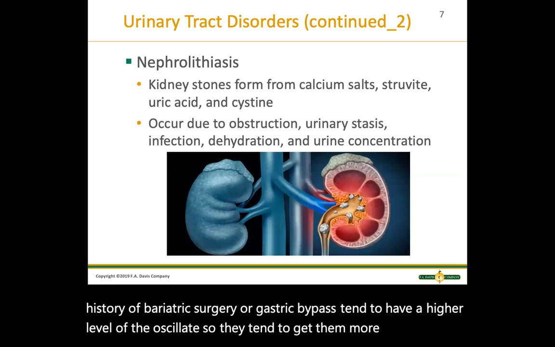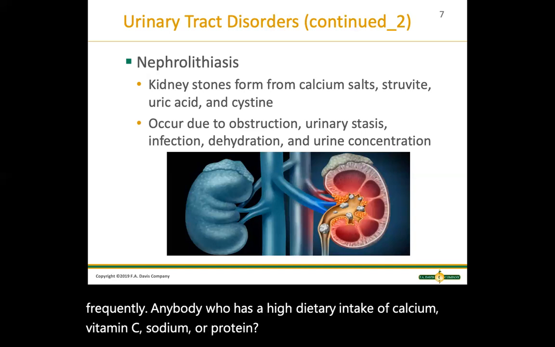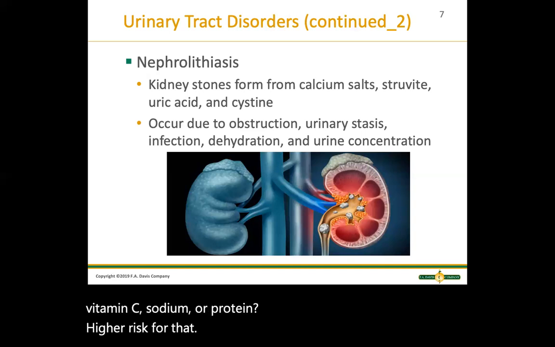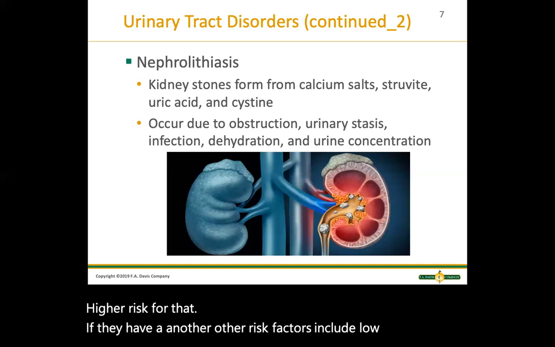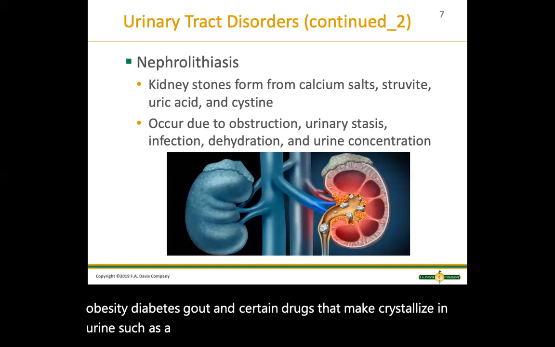Anybody who has a high dietary intake of calcium, vitamin C, sodium, or protein is at higher risk. Other risk factors include low fluid intake, obesity, diabetes, gout, and certain drugs that may crystallize in urine, such as acyclovir and triamterene. So they put you at higher risk.